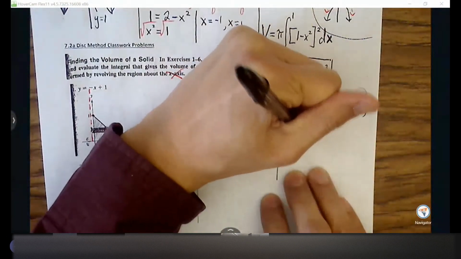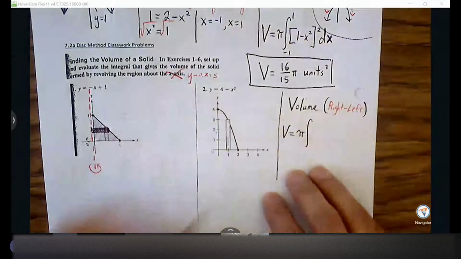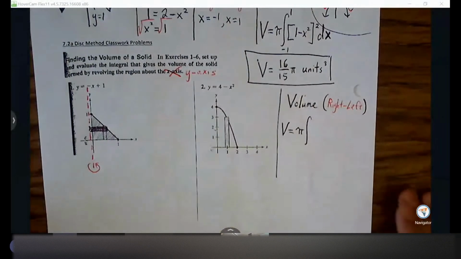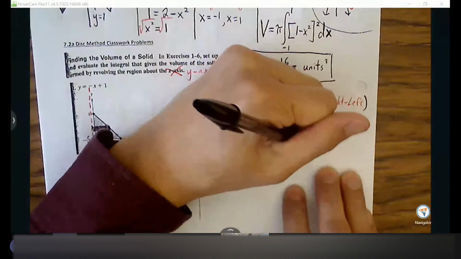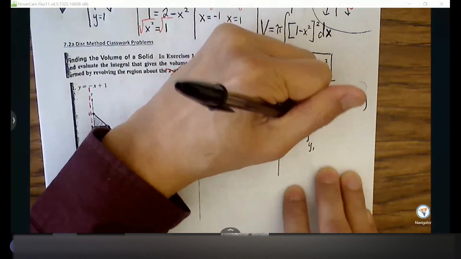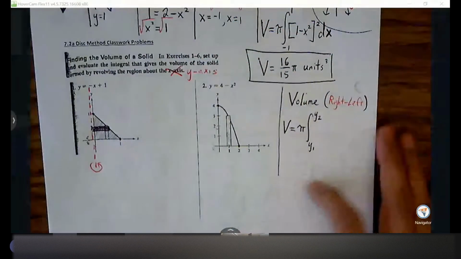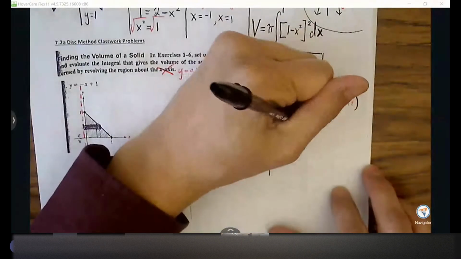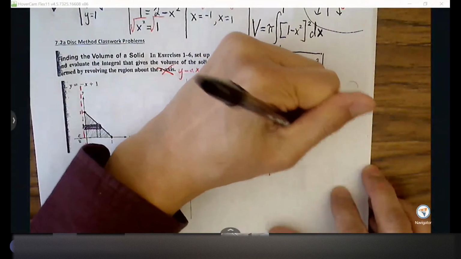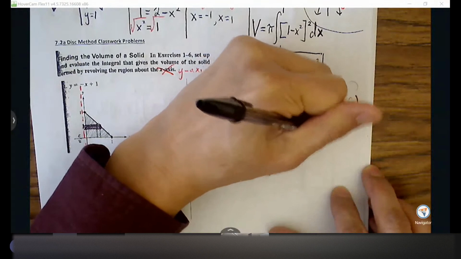We still have the pi to begin with, but after you get past the integral notation, instead of x1 to x2, we're going to go from y1 to y2. We're going to find the lowest and the highest y value of the shaded region. And now, instead of r of x, we're going to be using r of y. Our equation is going to look a little different.